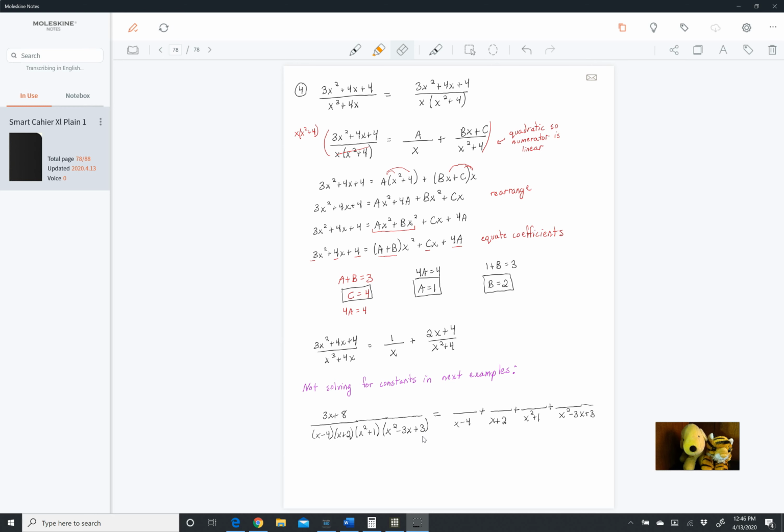X minus 4 is linear, so its numerator has to be constant. X plus 2 is linear. Numerator must be constant. X squared plus 1 is quadratic, so the numerator is linear. So we already used a and b, so we're going to use cx plus d. And x squared minus 3x plus 3, it's quadratic. Numerator is linear. We already used the other letters, so we're going to start at e. So it's ex plus f. And that's it. We're not going to go any further.